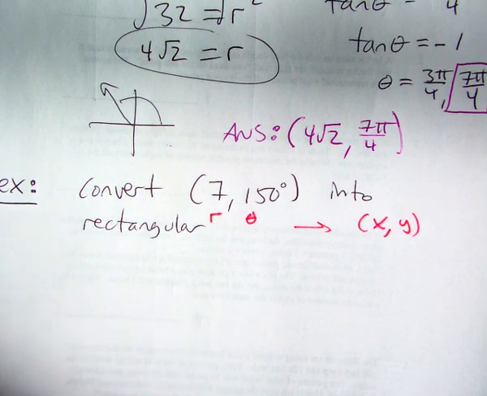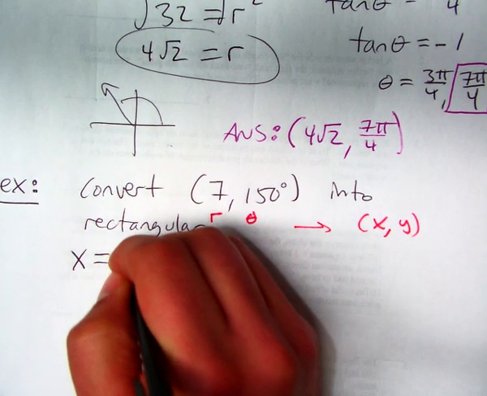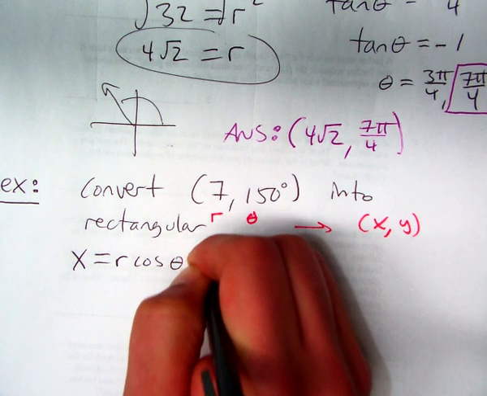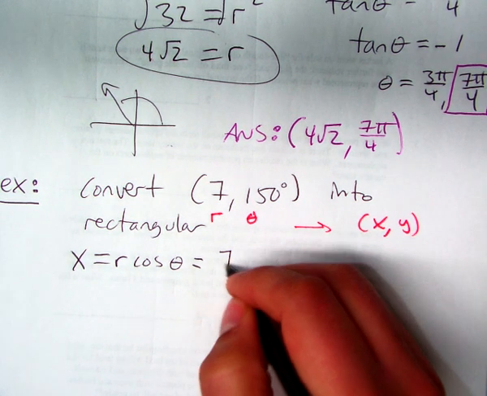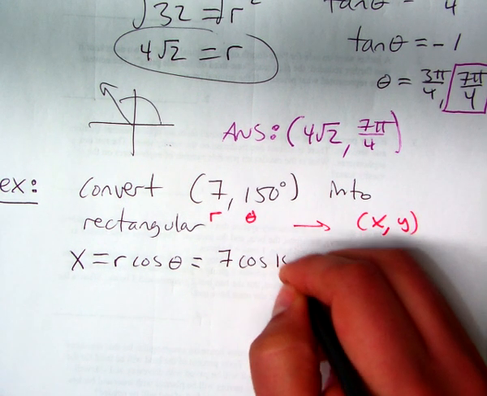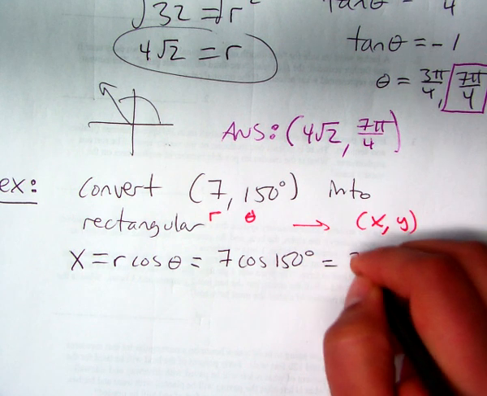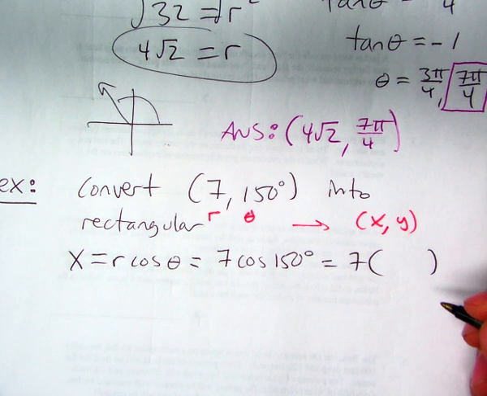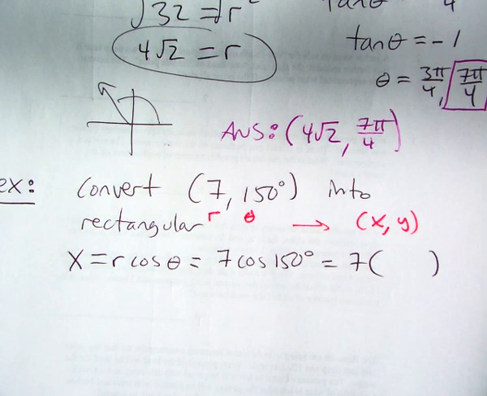We know that x is equal to r cosine theta. R is 7. And then we want to do cosine of 150 degrees. Cosine of 150, x coordinate at 150 is... 1 over 2. 1/2.